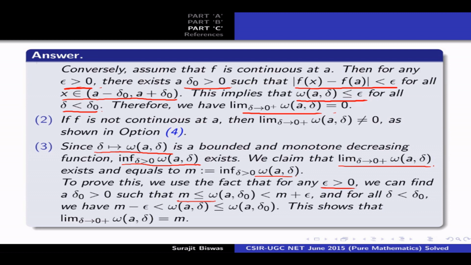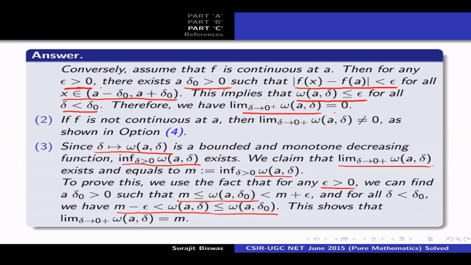And for all delta less than delta naught, we will have m minus epsilon strictly less than omega(a, delta) less than or equal to omega(a, delta naught) by the monotone property of omega.